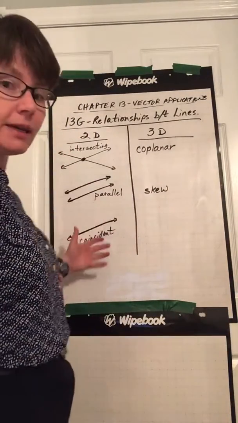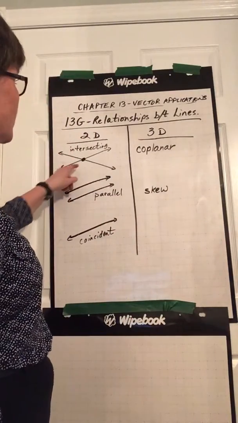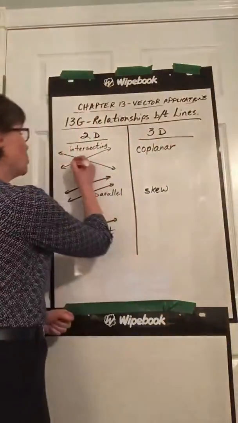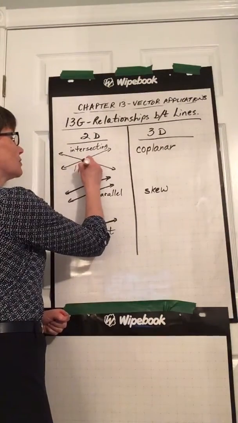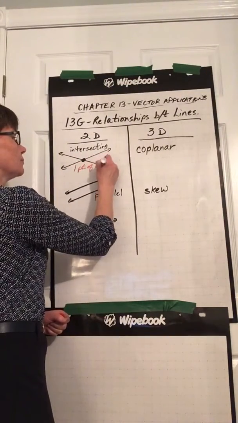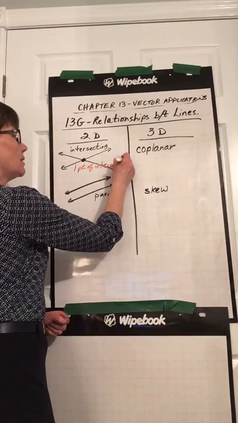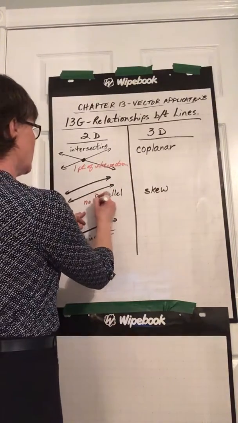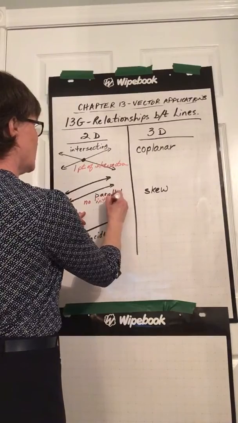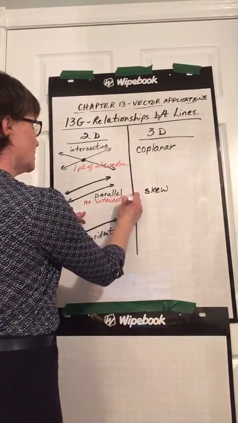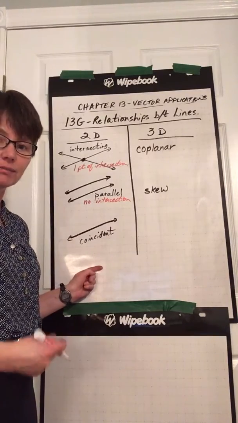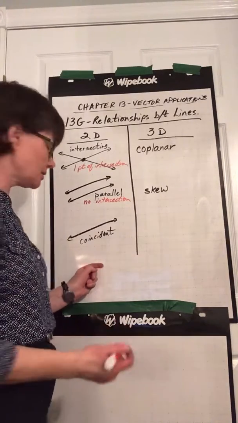There's three different ways that 2D lines can intersect. Either they're going to intersect with one point of intersection, or they can be parallel, so no points of intersection, or the lines could be exactly on top of each other, which is called coincident, means they are essentially the same line.